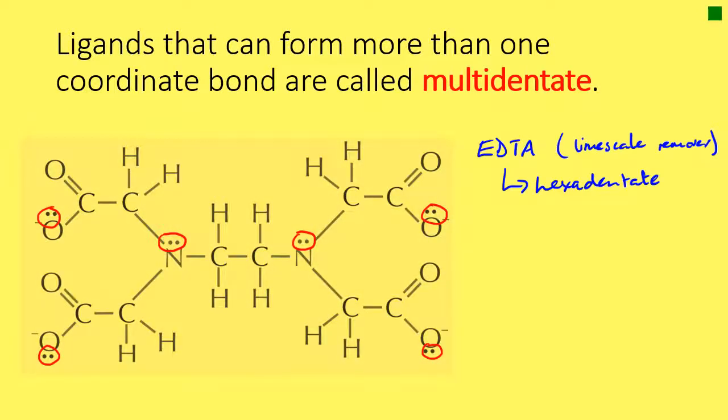The second type is multidentate ligand. So these are ligands that can form more than one coordinate bond, and they're called multidentate ligands. And here's an example of one. It's called EDTA, which is known as ethylene diamine tetraacetic acid. So let's just write that down as EDTA.